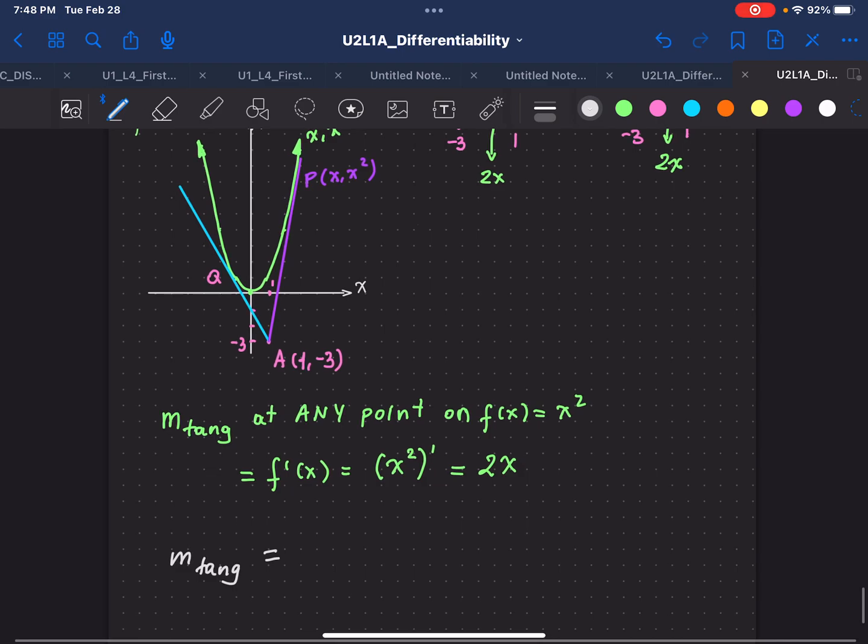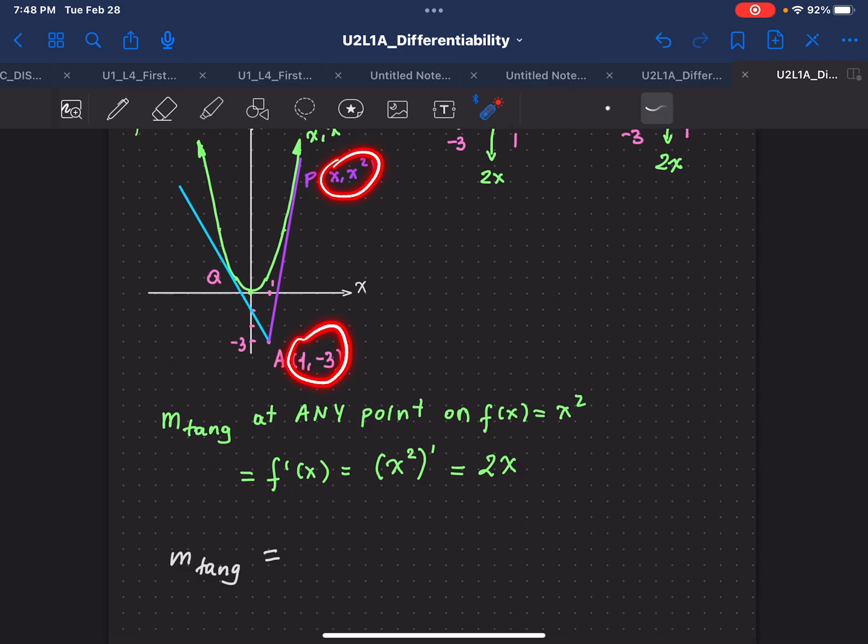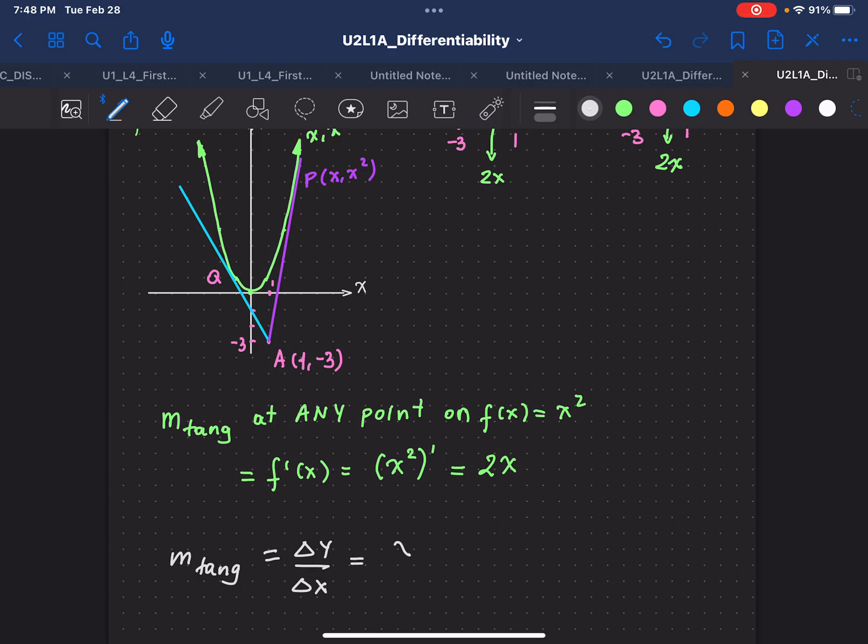So since the 2 points that we're using are these two, then we're going to go delta y, x squared minus -3, so x squared minus -3 over delta x. So for delta x, you see we have x minus 1. So this would be the slope of the tangent actually from A to any point on the parabola.